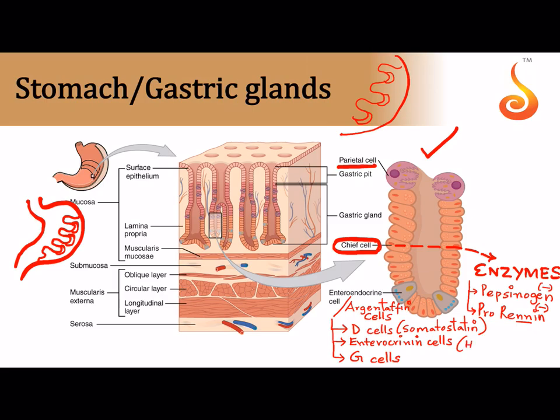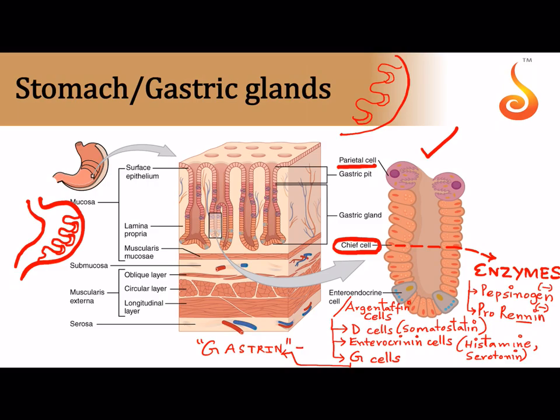Enterochromaffin cells secrete two important active chemicals: histamine, which helps in dilating the blood vessels of your stomach, and serotonin, which helps in constricting the blood vessels of your stomach, vasodilator and vasoconstrictor. And the G cells secrete a very important stomach hormone. Remember, usually if they ask you which is the hormone of your stomach, you have to write gastrin.